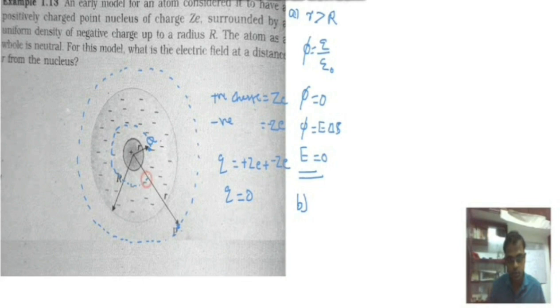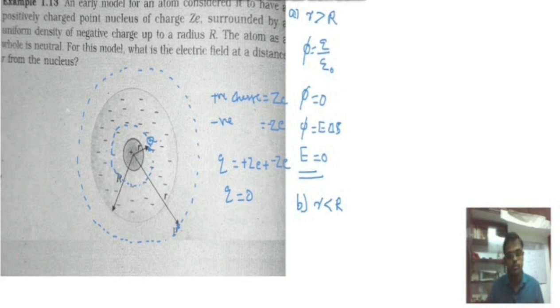Its radius is also small r, but small r is less than the actual radius of the atom. So definitely a charge is enclosed here, so definitely flux is not equal to 0.